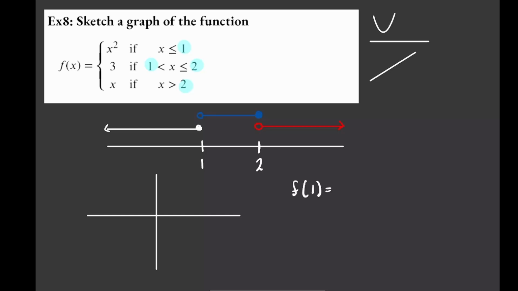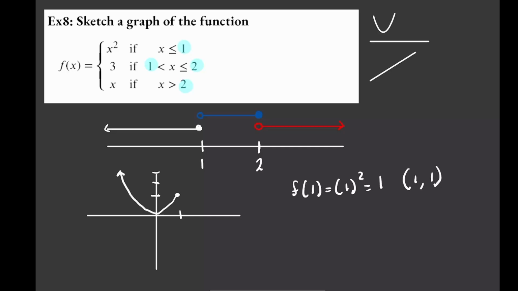So f of 1 is equal to 1 squared, which is 1. So I have a point at (1, 1), and it is going to be right here. That is the point, and it's going to have a parabola shape. So my graph is going to look like this. I have my first function graphed.